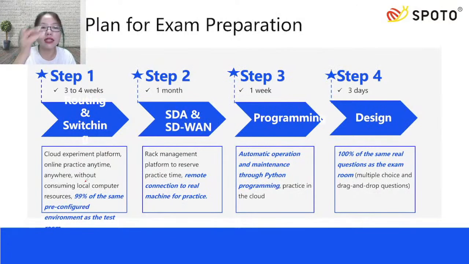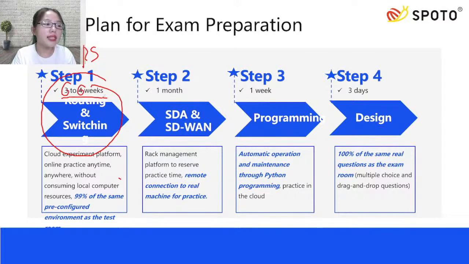The next part is our study plan for exam preparation. As the CCIE lab has two modules, we deliver lab service and learning materials in stages. In the first stage, we will send the routing and switching solution and RS rack, and the learning cycle is 3 to 4 weeks. It does not consume your local computer.